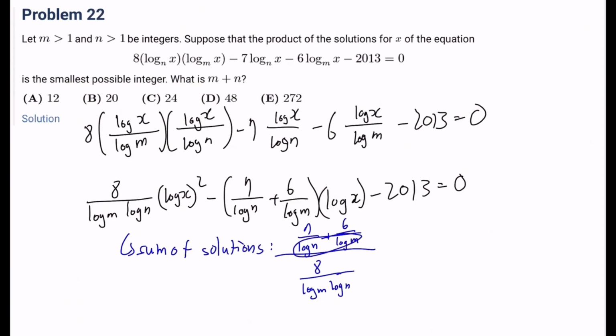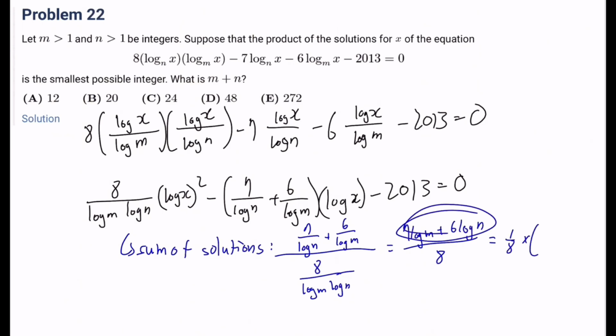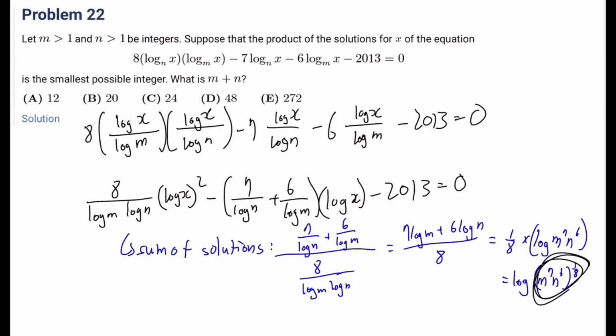If we put those together, that's all over 8, and then 7 log m plus 6 log n. This simplifies to 1 over 8 times log of m to the 7th power times n to the 6th power, which is log of m^7 n^6 all to the 1 over 8th power. This is the sum of these solutions, so the things inside here are going to be the products of the solutions of x. So these are the products of x.